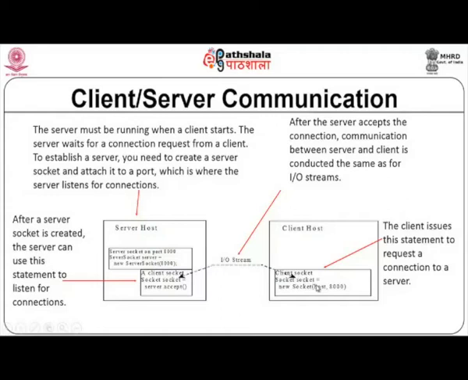After the server socket is created, we can see here the statement where the server socket is created and the server is using the statement to listen for connections. So, a server socket is listening for connections, the client issues this connection request, and once the server accepts this connection, communication between the client and the server is conducted.